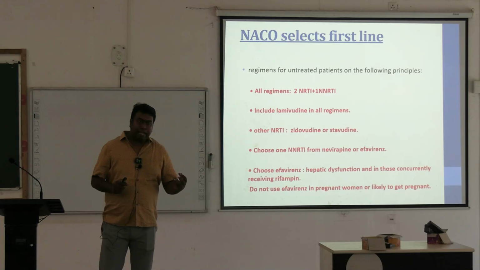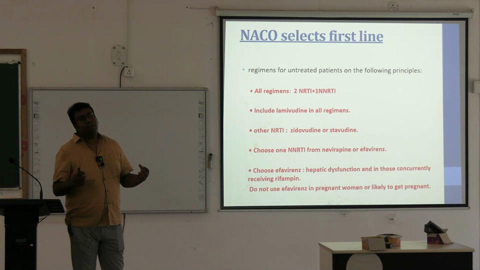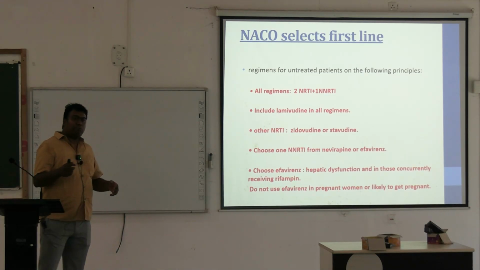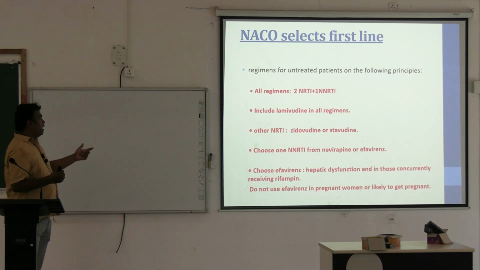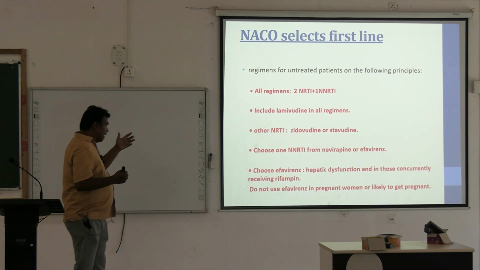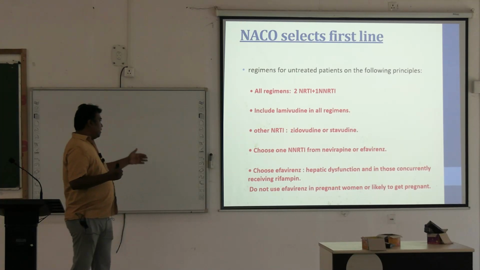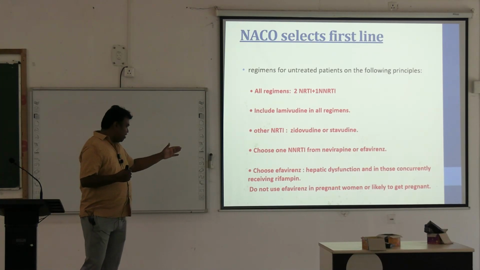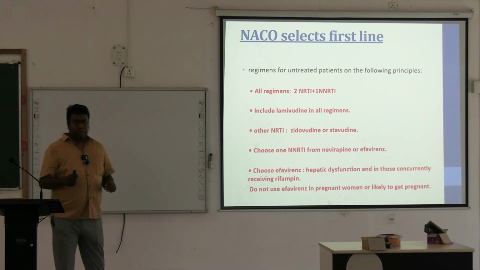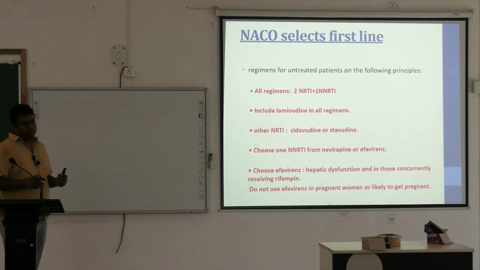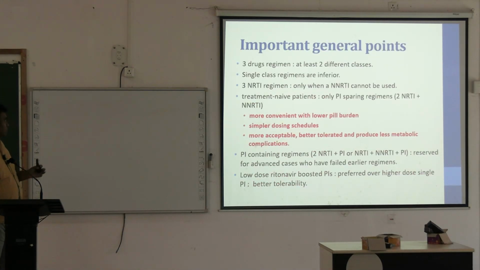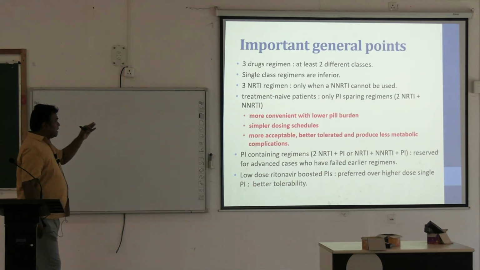Because these AIDS patients may be co-infected with pulmonary tuberculosis. In that situation, as we have to give rifampicin, we prefer efavirenz. Do not use efavirenz in pregnancy. If tuberculosis is there, prefer efavirenz; if pregnancy is there, prefer nevirapine. A single class regimen is inferior.